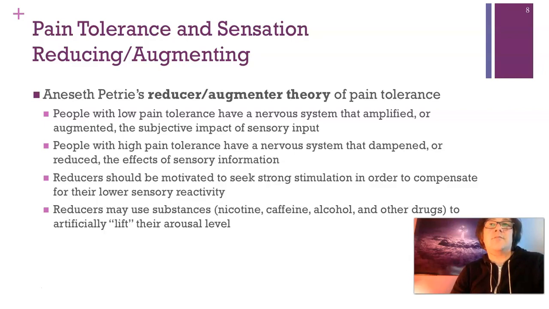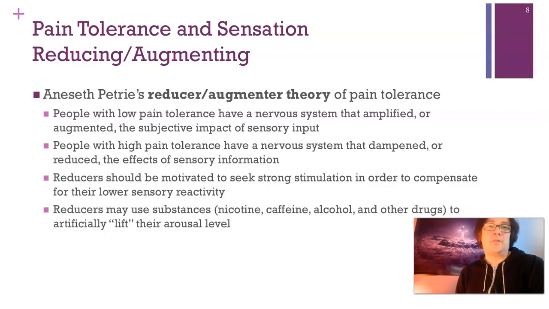Petrie studied people in hospitals who were undergoing painful operations, as well as just ordinary subjects in whom she actually induced pain. And she induced pain either by applying heat or coldness, or by putting weights on their joints in their fingers to cause pain.